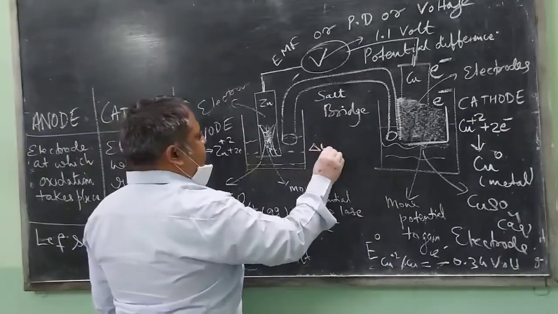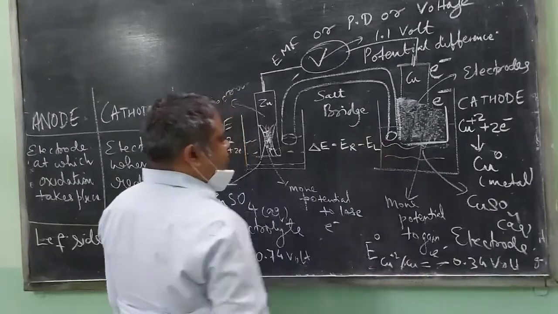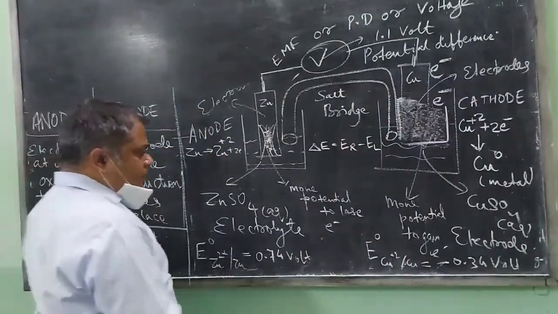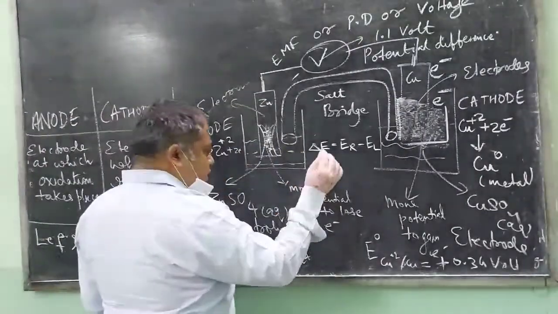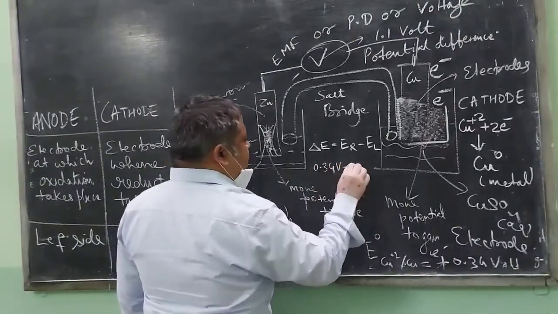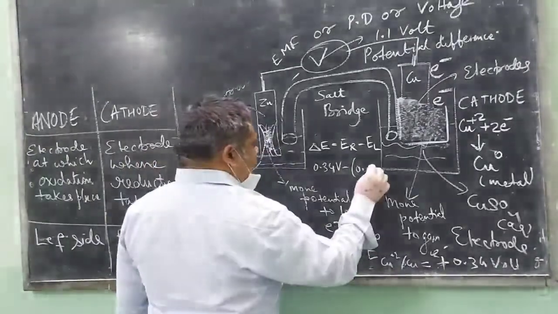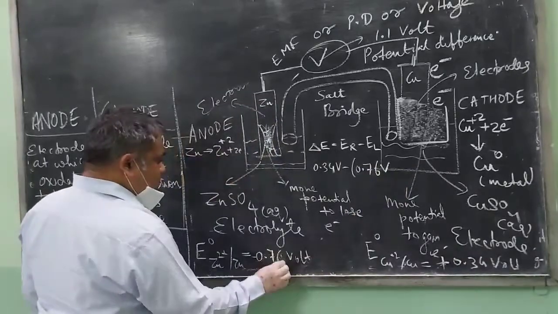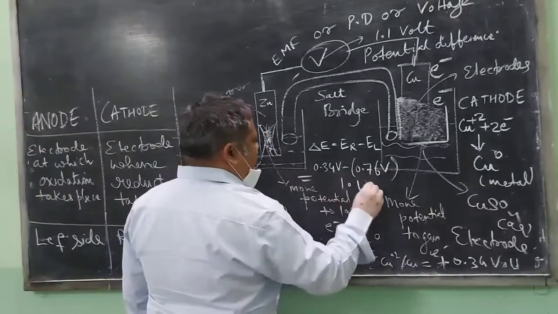So delta E will be equal to E right minus E left. So it is equal to 0.34 volt minus (minus 0.76 volt). It comes out to be 1.1 volt.